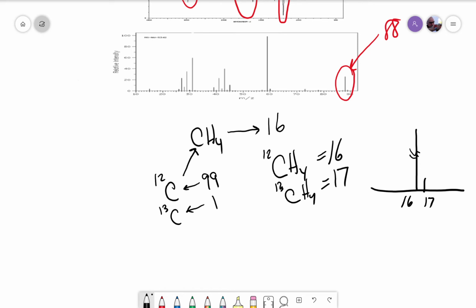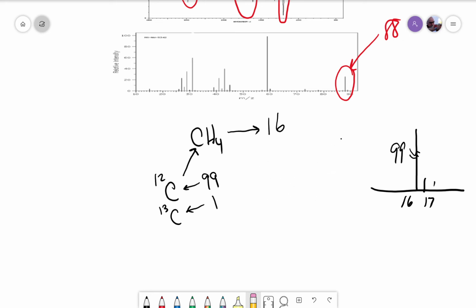Of course, the 1 at 16 is going to be really big, 99 times as big as the 1 at 17. If we normalized that spectrum and made the carbon-12 peak 100% of the spectrum, then that peak at 17 would be 1.1%, 1 over 99.